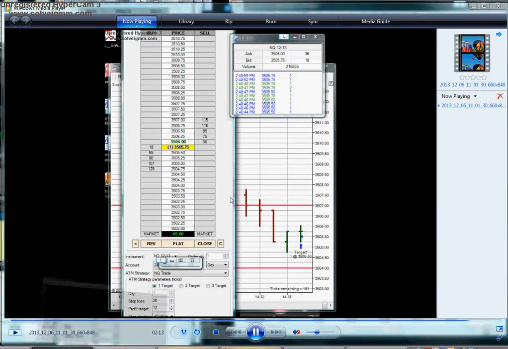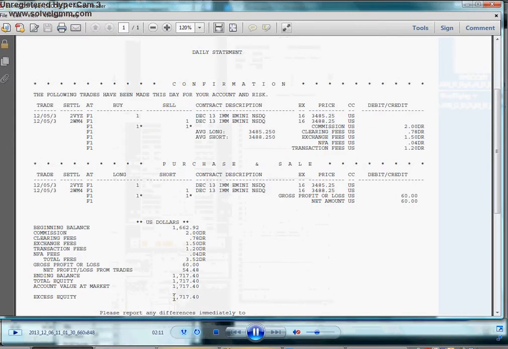When I started trading this morning, my account was $1,717.40. So let me get my calculator out.